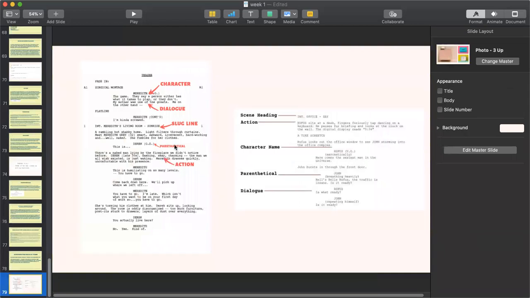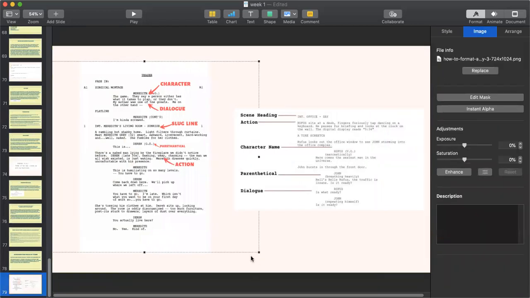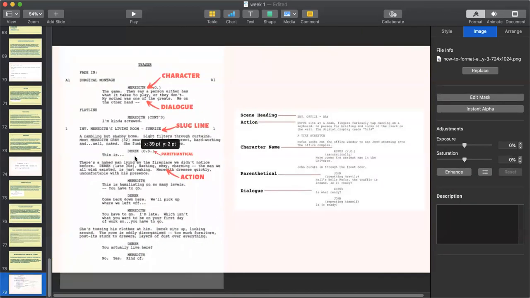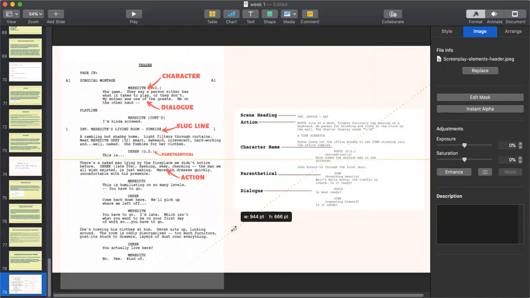You can see this here. Sorry, I'll make this picture a little bigger so that you can read. Slug line and scene heading are the same thing. Or you can refer to this one.